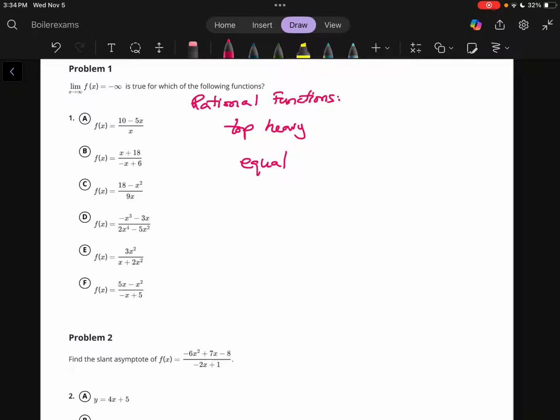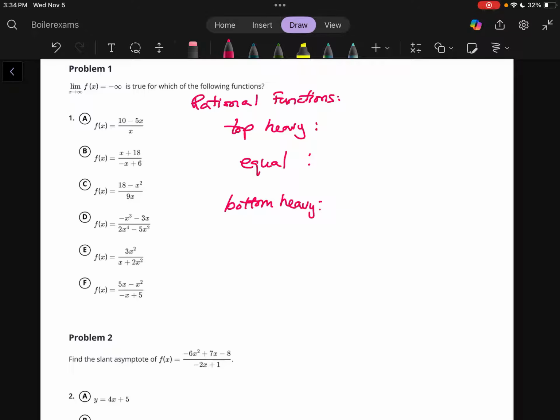We have top heavy, equal, and then bottom heavy. When I'm referring to top heavy, basically what we want to consider is the largest degree of the polynomial in the numerator and denominator.